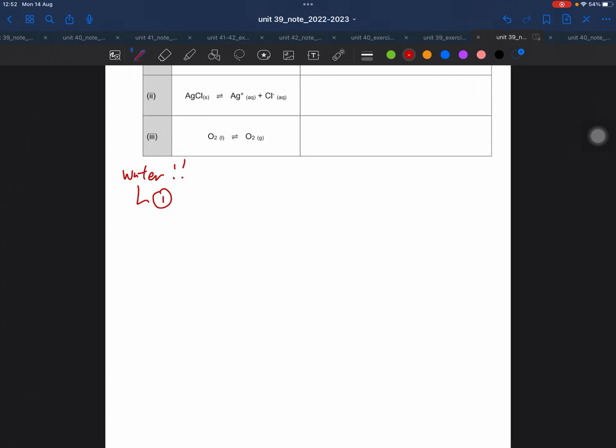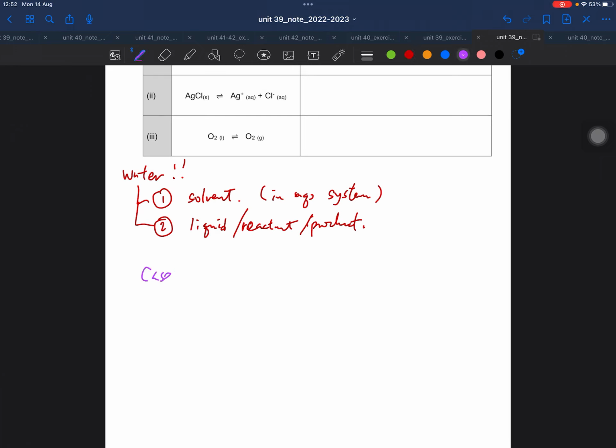First, it can act as a solvent in an aqueous system. The second one is as a liquid, acting as a reactant or product. Now, this is very, very complicated. In case 1, if it is a solvent, then the water concentration is not included in your Kc.